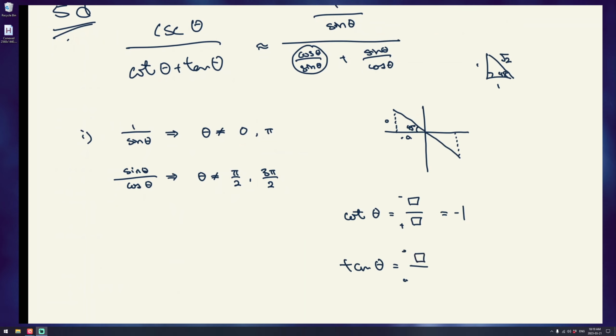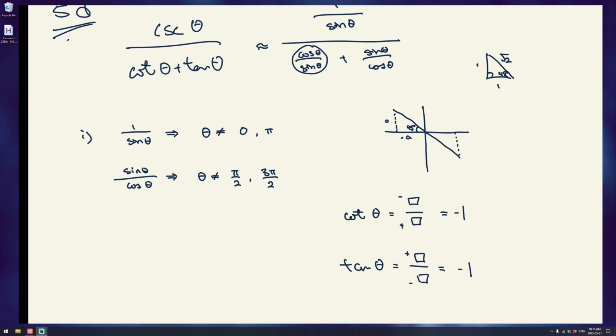So they are the same things, but the opposite side is positive now, and the adjacent side is negative. So what is this equal to? Well, if the numerator and denominator are the same, you're always going to get 1. Since you're doing a positive divided by a negative, you're going to get -1.